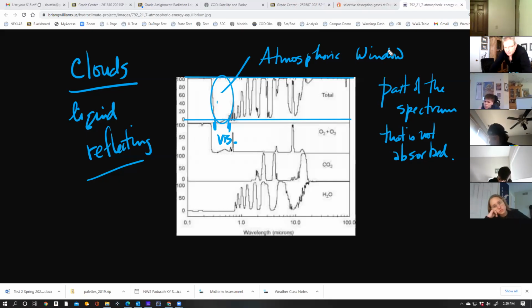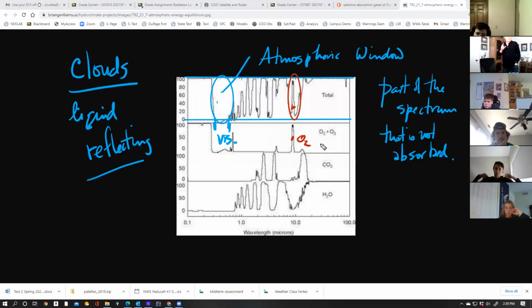But where else is there a big atmospheric window? Isn't there a big atmospheric window right there? Except for that little branch right there. You know what this branch is? Oxygen. Oxygen is that little branch.